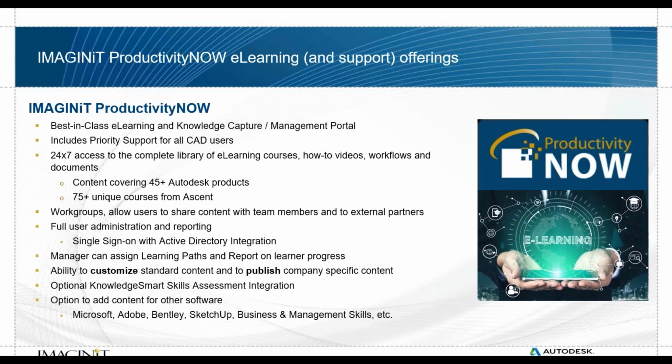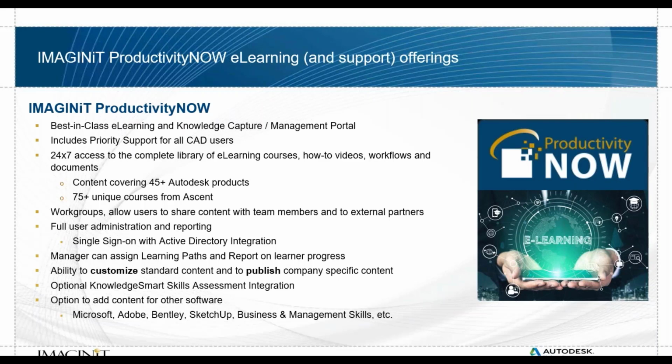These primary functions, combined with the included priority support, so yes, if you go with Productivity Now, we include all the benefits of our priority support as well. Together, we provide a platform that your organization can build upon and rely on to drive additional productivity within your organization.